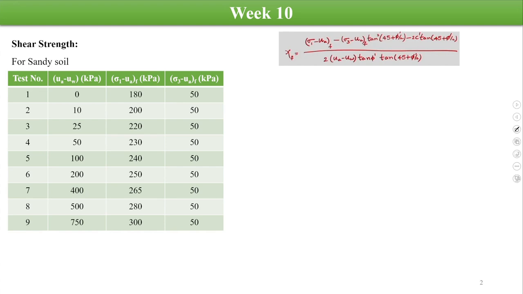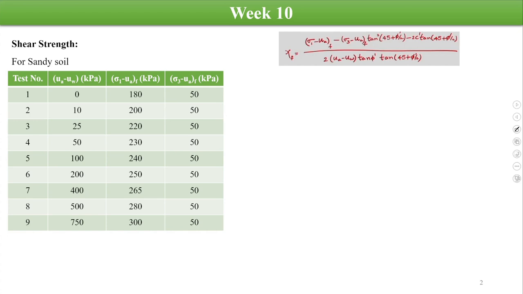Here the major principal stress sigma 1 minus u_a is provided, and sigma 3 minus u_a is provided. What we need to calculate is the effective stress parameter chi. For calculating it, we can use this relation, which you might have derived in the theory class.